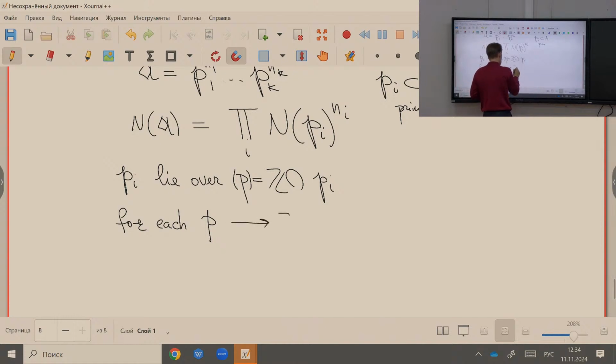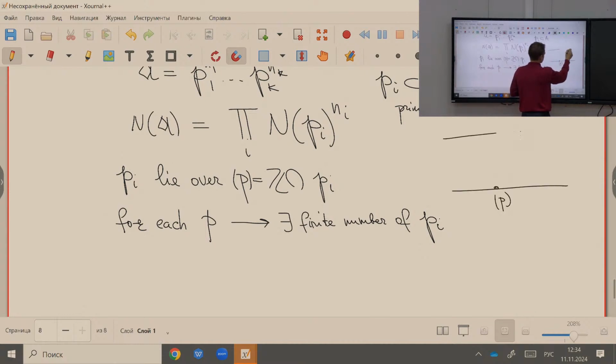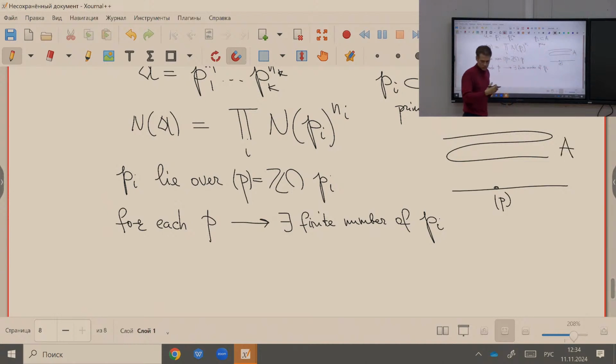So we want to control A, and A is obtained by taking different primes lying over different primes P. But for a fixed P, there is a finite number of primes lying over it.